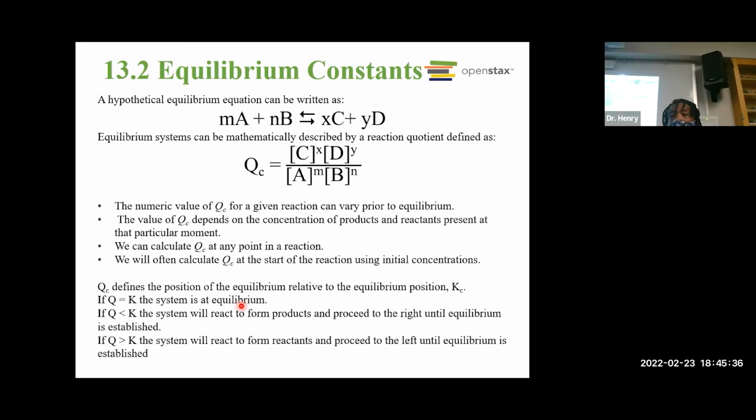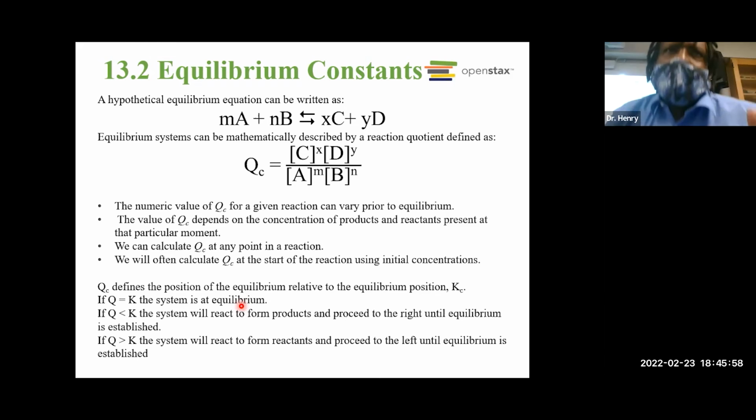So when Q is less than K, that means it's favoring the reactants. That means that you have more reactants than you have of your products. And so you're going to be pushing the reaction towards the products to reach equilibrium. QC is not equilibrium.